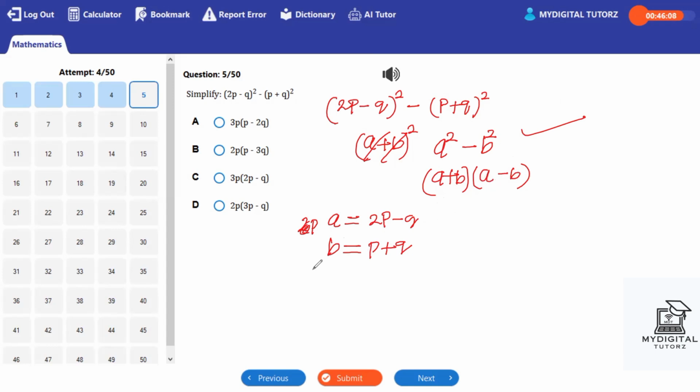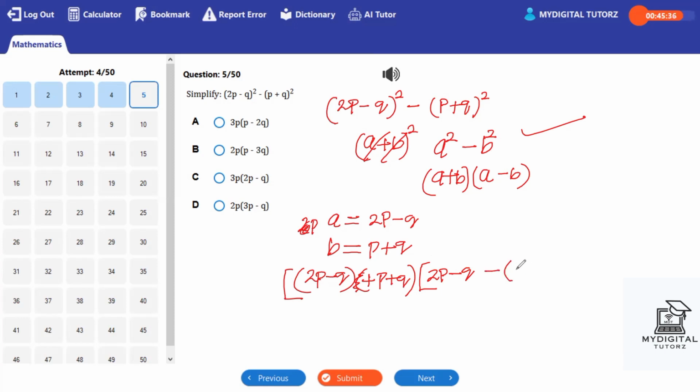So according to what we did here, a plus b multiplied by a minus b. That will be a, which is 2p minus q, plus b, which is p plus q, then you multiply it by the difference, that is 2p minus q, then minus, into bracket p plus q.